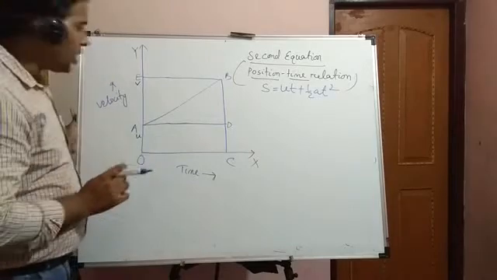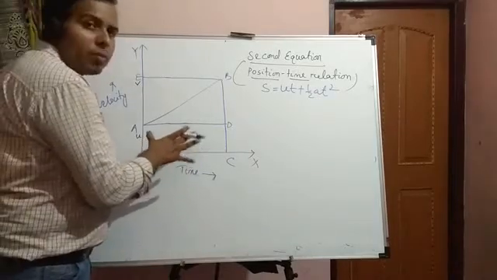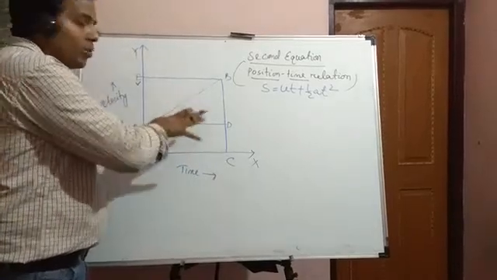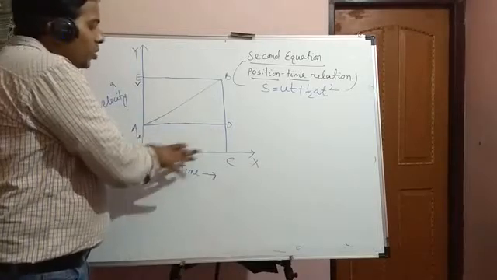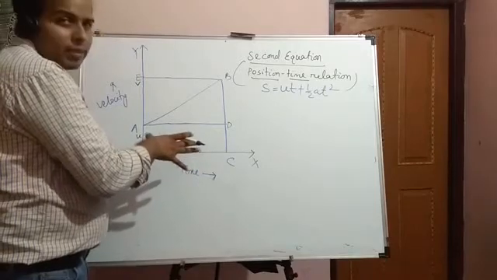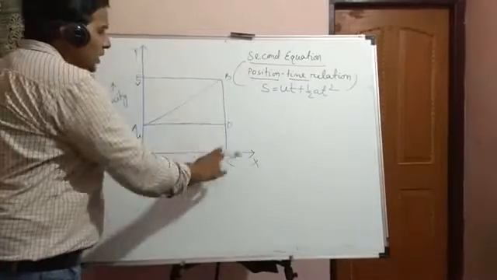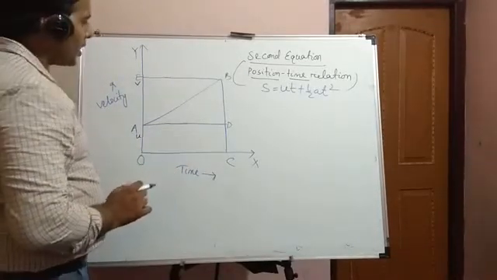As we have already discussed from the velocity-time graph, the area enclosed below the graph with the x-axis will represent the distance or displacement. So here the area OABC represents the distance covered by the vehicle.